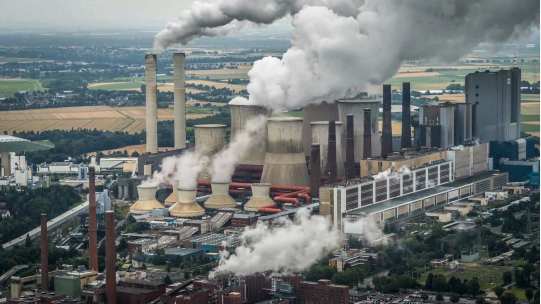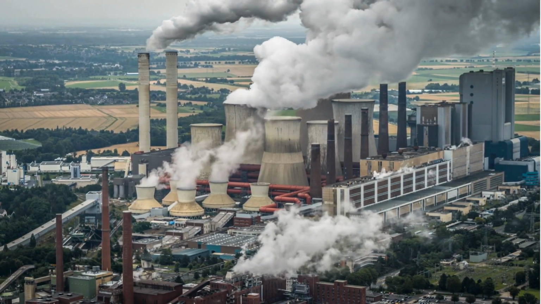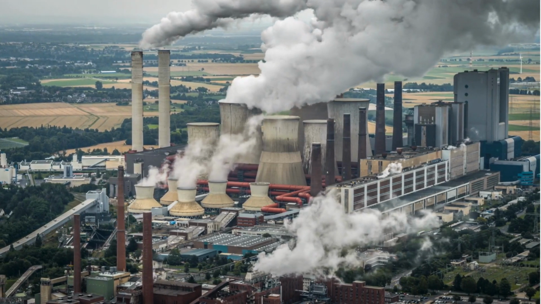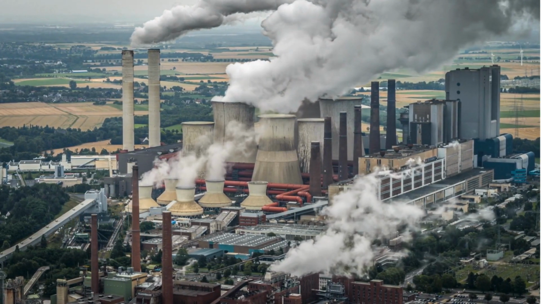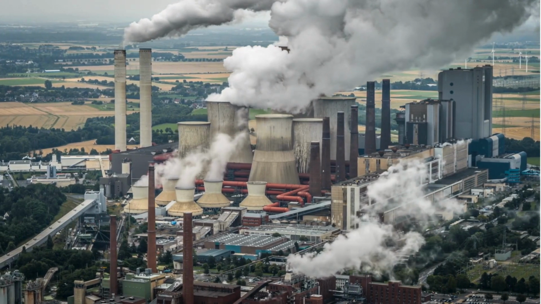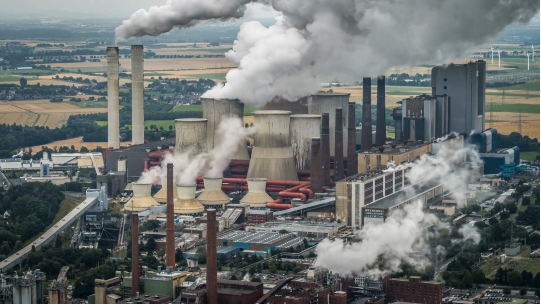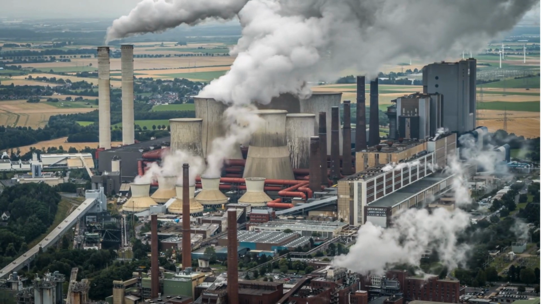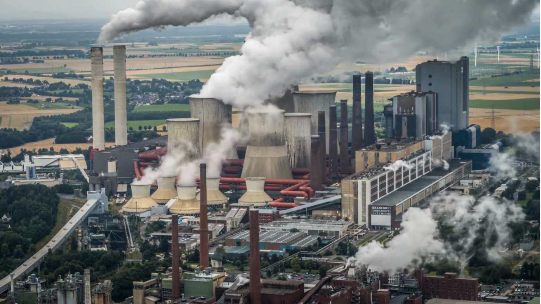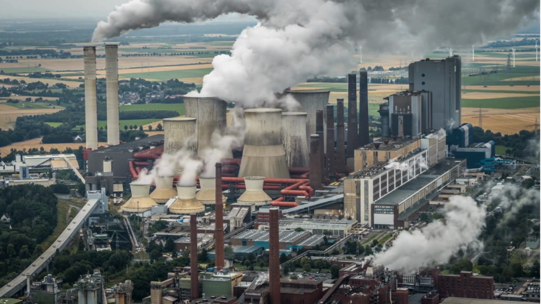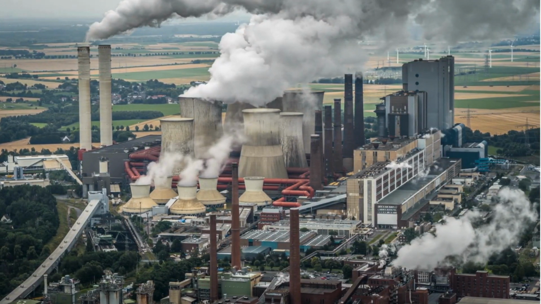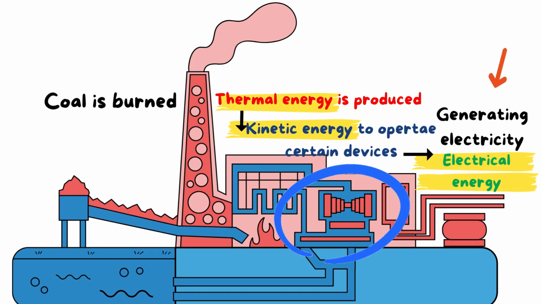So here, as you see, this is the electrical power station, and this smoke comes from burning fuel such as coal. As coal is burnt, the chemical energy stored in it will change into thermal energy. Then here in this power station, there is a part that I circled in blue.